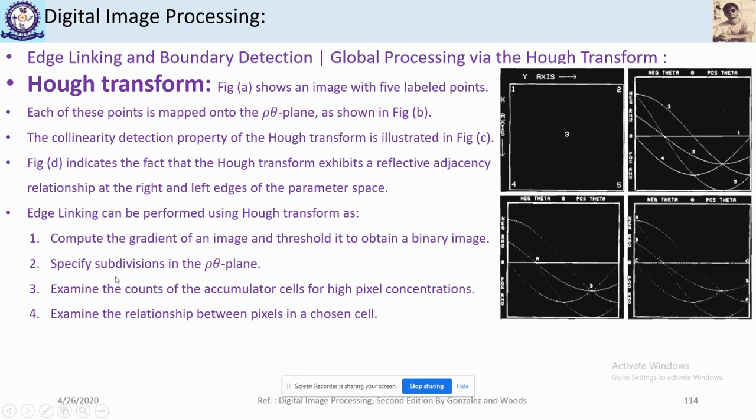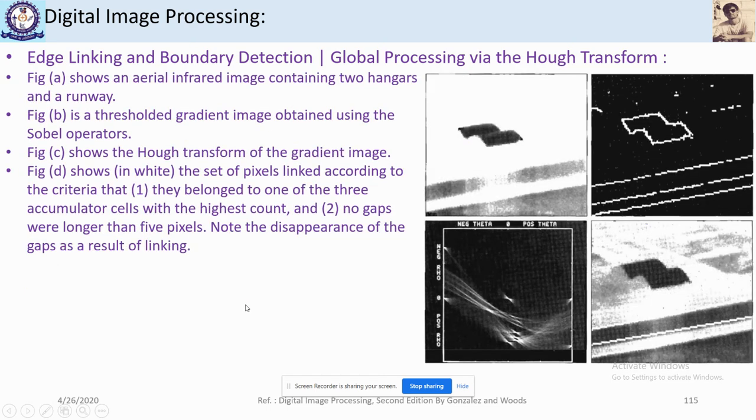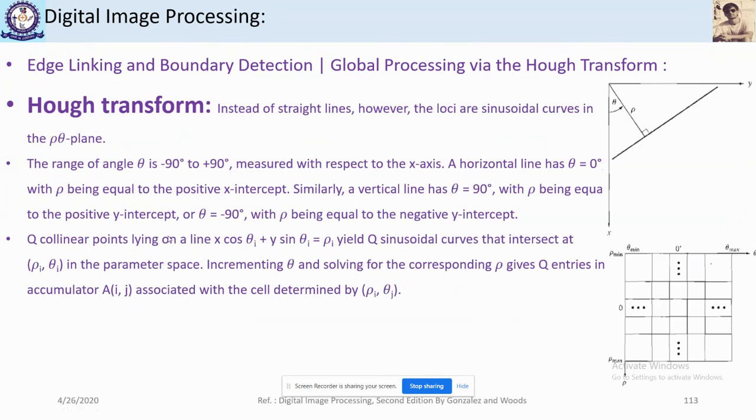Then specify subdivisions of the rho-theta plane. So after doing this, we specify the subdivisions of theta and rho in the parameter plane. Examine the counts of accumulator cells for high pixel concentration. For each point in this parameter plane, we calculate the value of the accumulator, which we have already discussed.